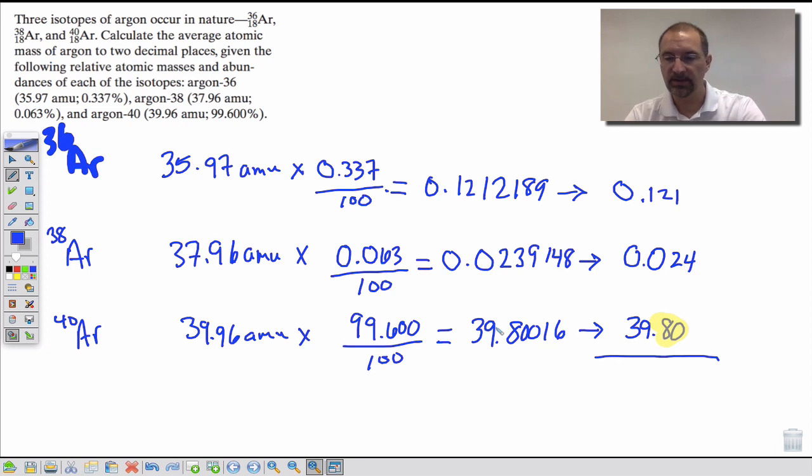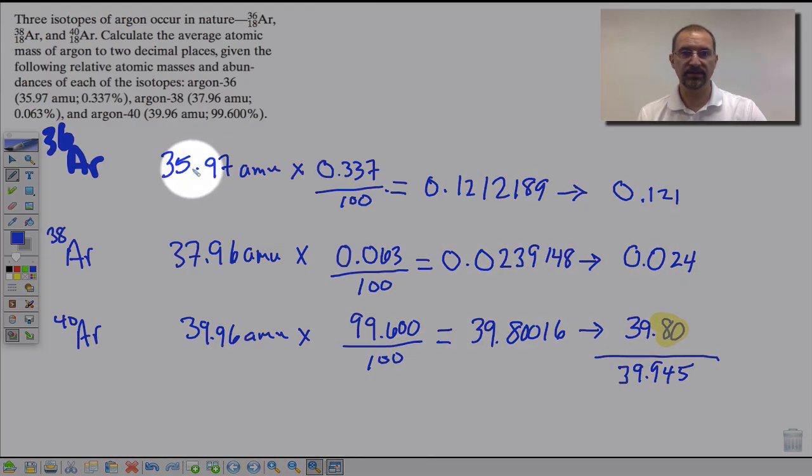Let me give you the full calculator answer first: 0.024 plus 39.80. My calculator spits out 39.945. Now that answer makes sense because it's between my smallest of 35.97 and my largest of 39.96.